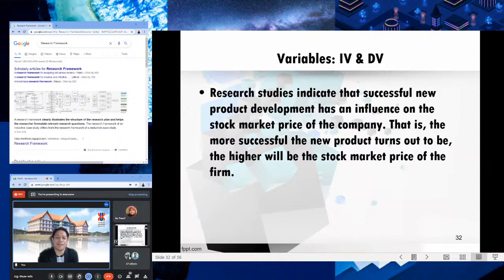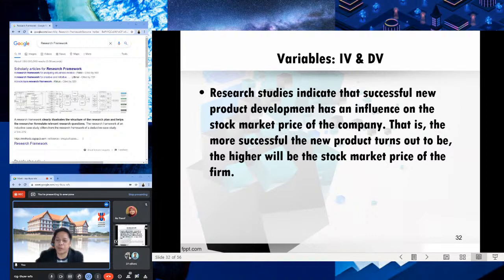The other way. So, you're right. Because if you see based on the definition, the development influences the stock market price.